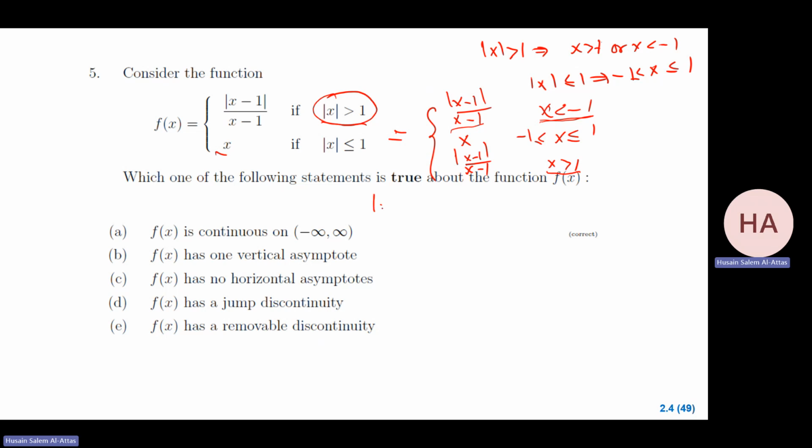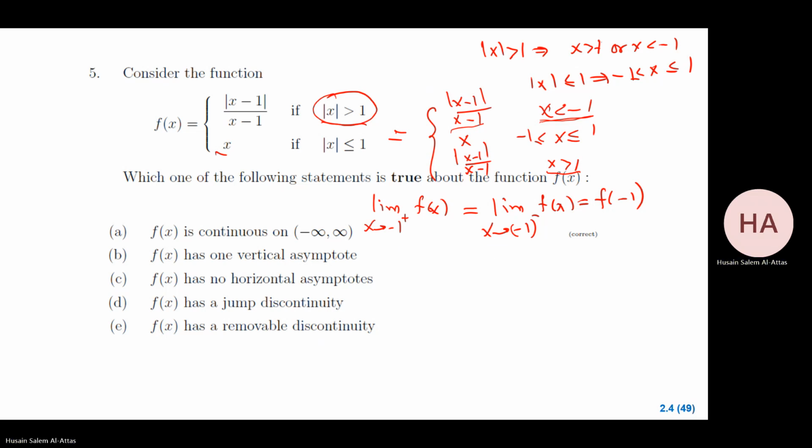So I need to check the limit as x goes to −1 from the right, and check, is it equal to the limit as x goes to −1 from the left? Is it equal to f of −1? If these three are equal, then the function is continuous at x equal −1. If the limits are equal but not equal to f of −1, then we say that we have removable discontinuity.